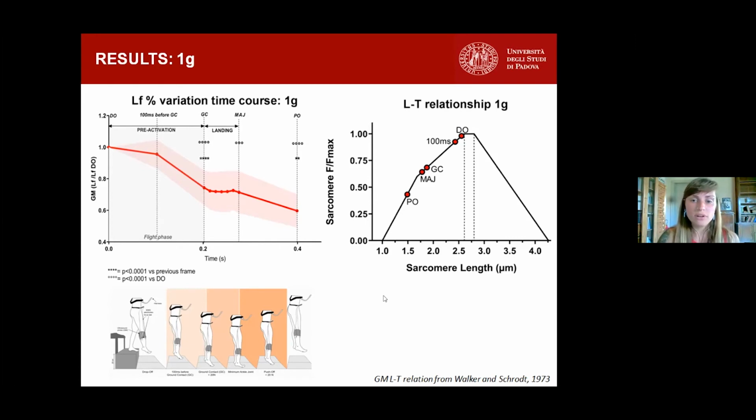However, we have to consider that at the push-off, potentially the majority of the energy needed for the following rebound is provided by the tendon recoil, and this sarcomere length seems to confirm this hypothesis, also supported by the fact that the electromyographic activity of the gastrocnemius medialis was significantly reduced at this time point.